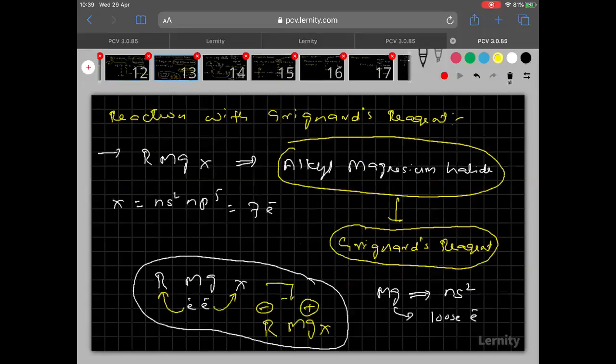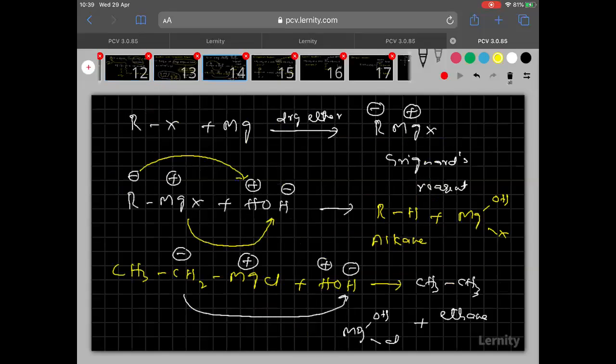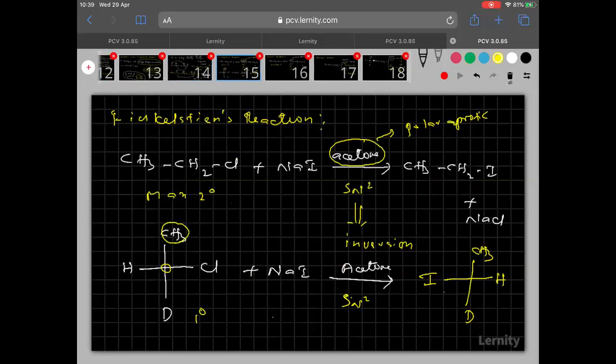Next, Grignard's reaction. Next, Grignard reagent plus water. Next, the Finkelstein reaction, SN2 mechanism.